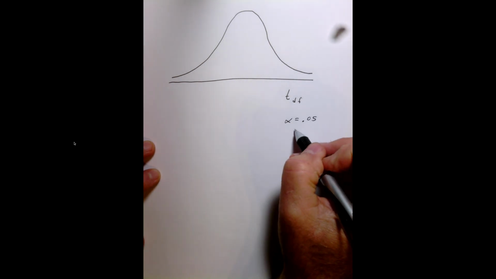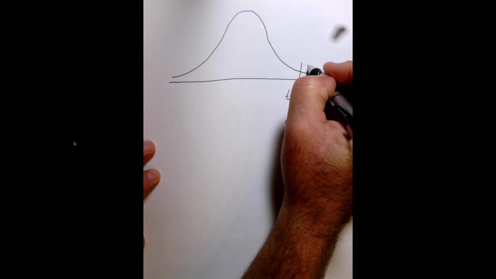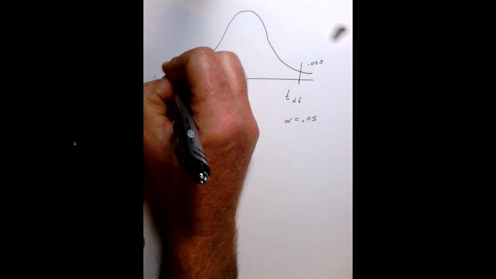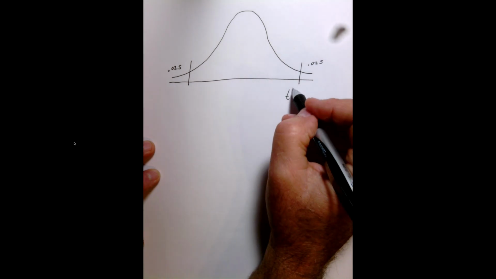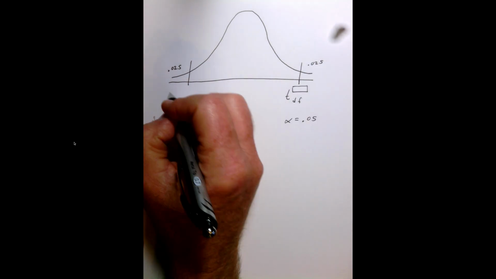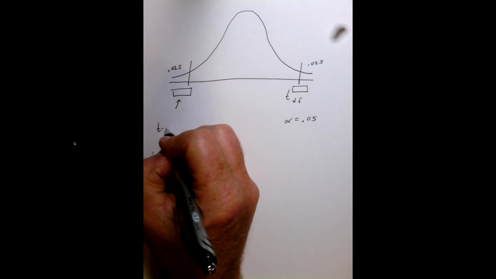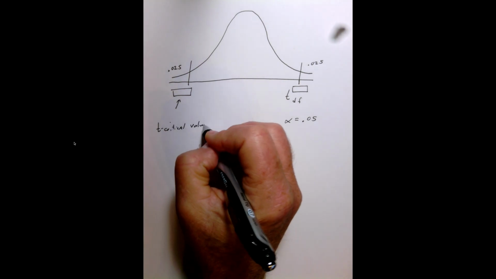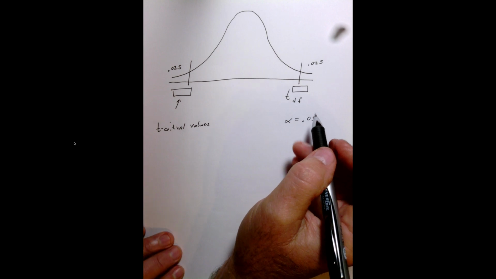So we'll divide this alpha and put half of it in this tail and half of the 0.05 in this tail. Then we'll find these two values, and we call these the t-critical values.